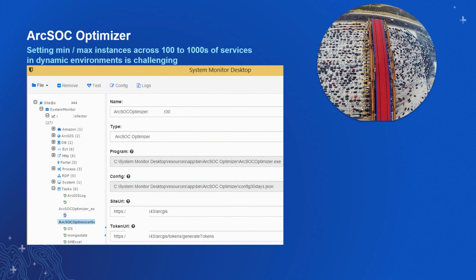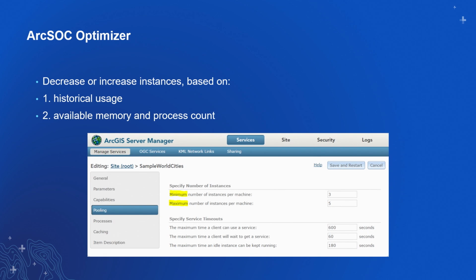I mentioned ArcGIS Optimizer, so that will be, administrator, and you configure ArcGIS Optimizer, and it will go and manage these min and max instances for you based on the usage. So there's a config file, there's a heuristic, engine rule, and you tell ArcGIS Optimizer what would you like to do if the service is not used. By default, we will set the min instance to 0.